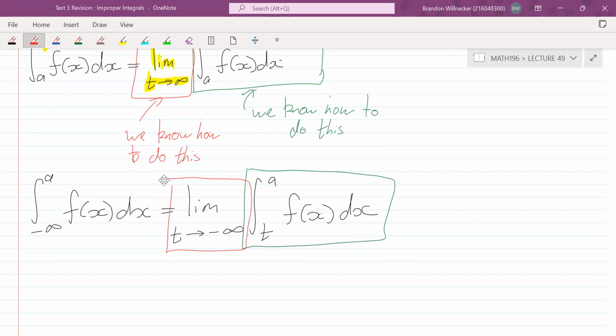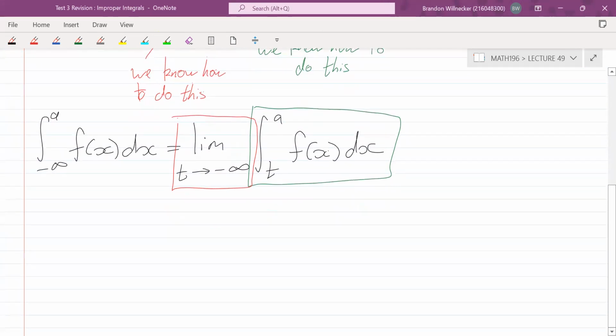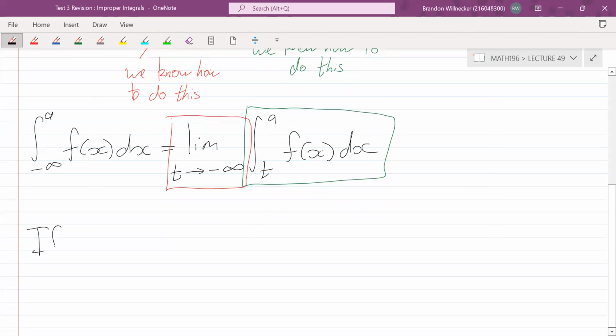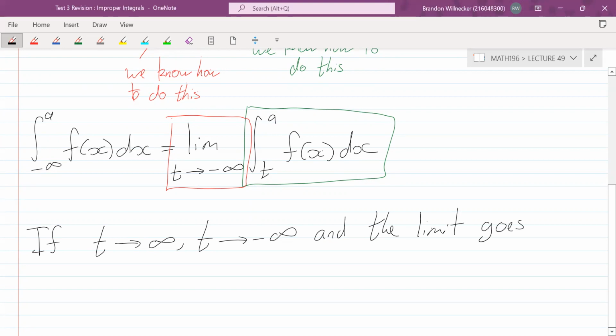If the limit goes off to infinity, then we say the integral diverges. So if t goes to infinity, or t goes to minus infinity, and the limit goes to infinity or minus infinity, then we say it diverges.